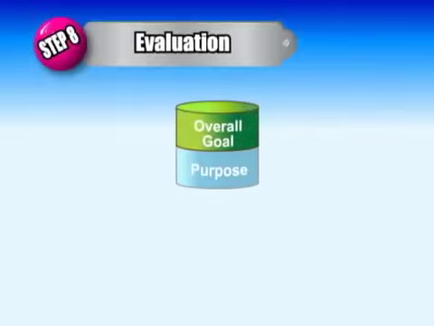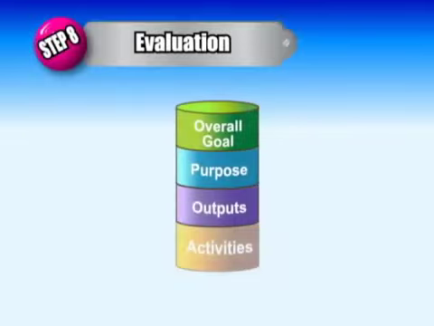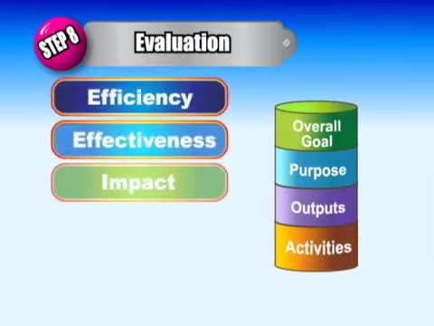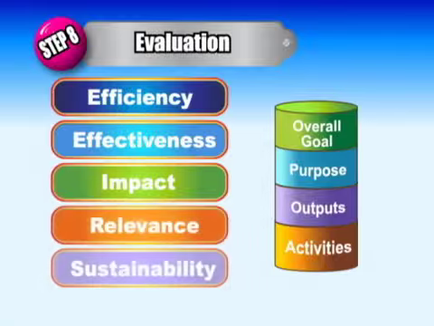The last step of the PCM method is evaluation. It is work to evaluate the result and outcomes obtained through implementation of the project using 5 criteria for evaluation. That's all for the review of this unit.